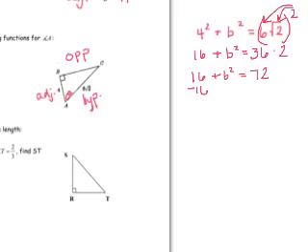Subtract 16. So 6, carry the 1, so that's 56. And take the square root. So 56 is 4 times 14.